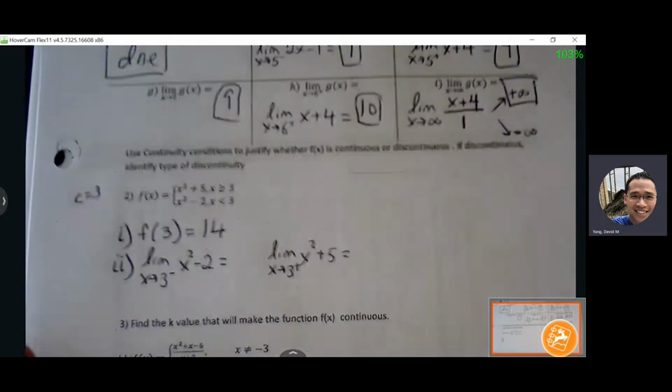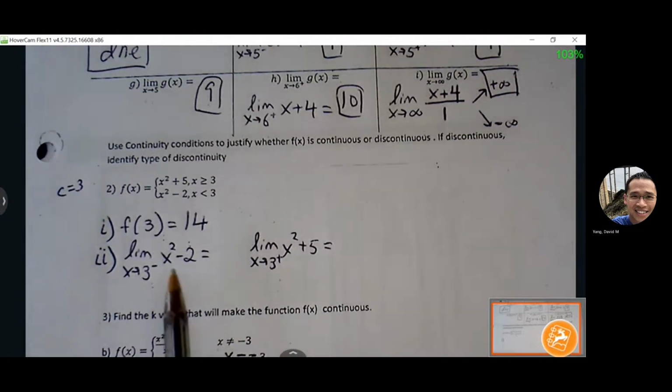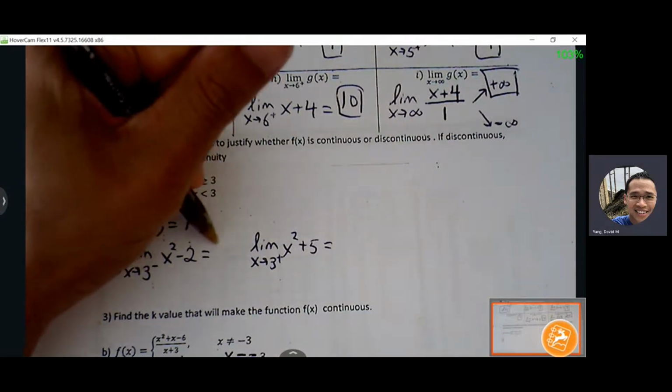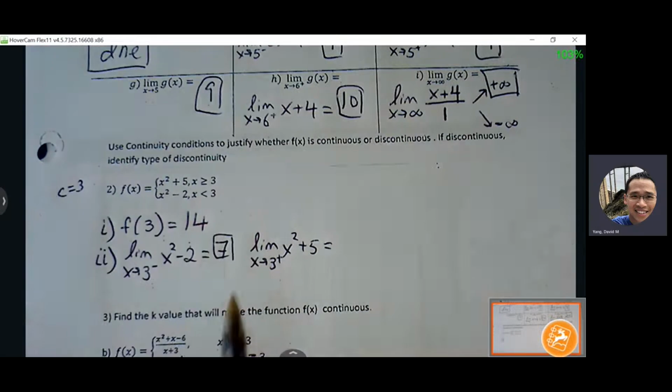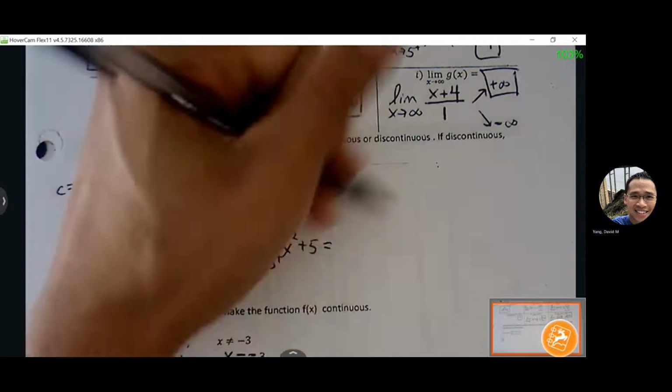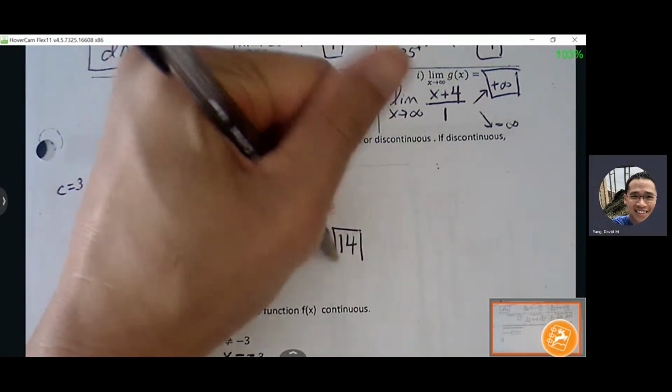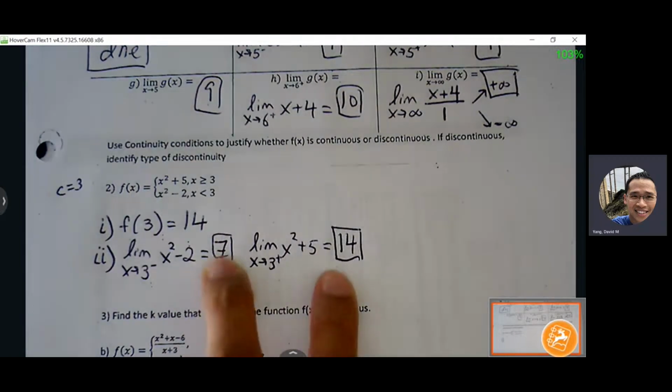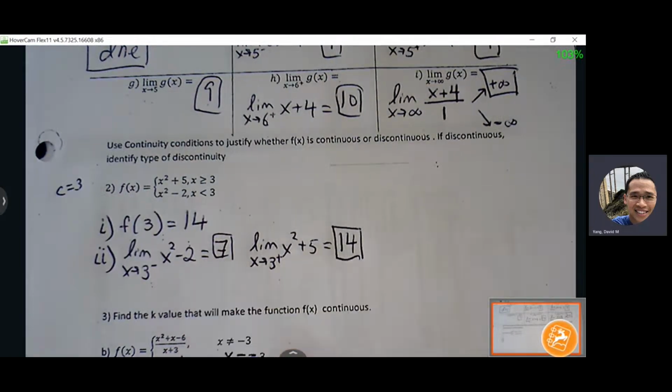Okay, we'll evaluate them separately. First one we get 9 minus 2 is 7. From the other side, we get 14. Okay. What does this tell us about our limit? Does not exist. All right, one's coming to 7, the other's going to 14.